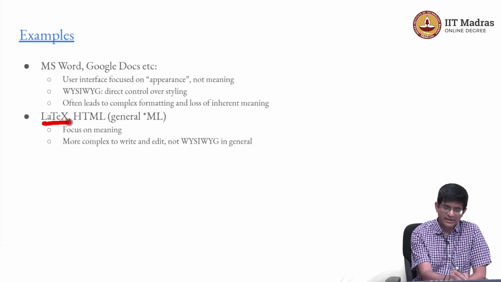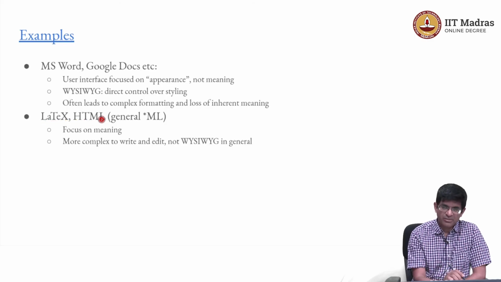Now things like LaTeX and even HTML, hypertext markup language, and in general many of the other so-called SGML, XML, all of those markup languages, tend to focus on the meaning of the document. That is to say, rather than worrying about whether something is in bold font or in large font size, you just specify whether this is a heading, this is an abstract, this is a section, this is a paragraph. And somebody else has to decide how to render it.